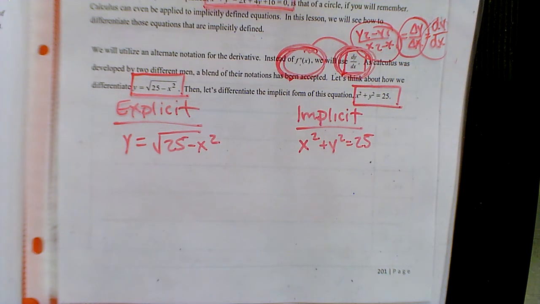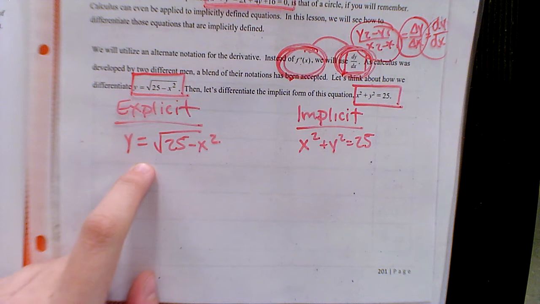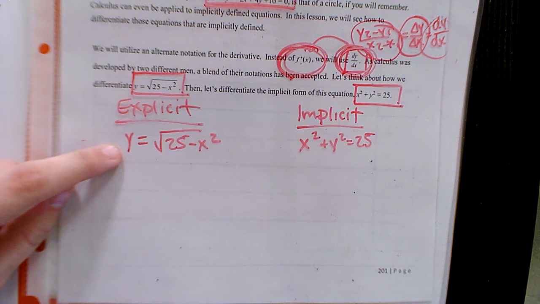All right, let's talk about derivative. How would you find the derivative of the explicit? How would you want to represent the derivative of y? How do you represent the derivative of f of x? F prime.